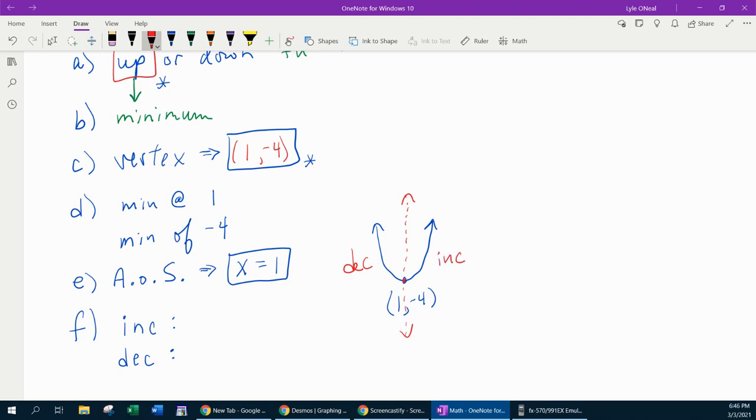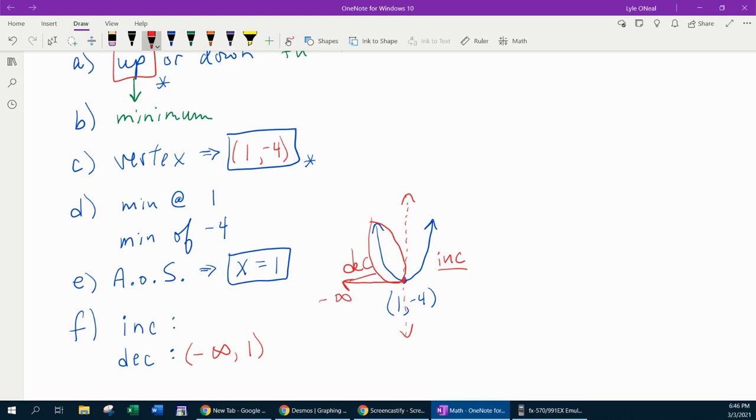So since the intervals of increasing and decreasing represent the graph from left to right, then those are going to correspond to x values. So this graph is going to decrease from negative infinity up to the x coordinate of the vertex, right? It's decreasing on this side, which means from 1 as far back as I want to go, which is negative infinity.